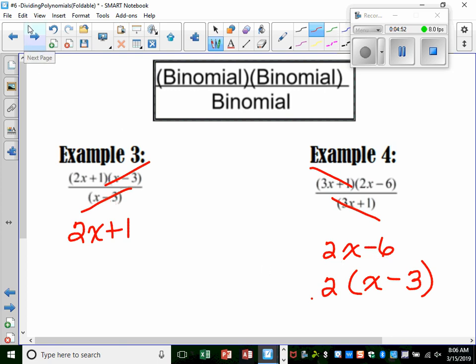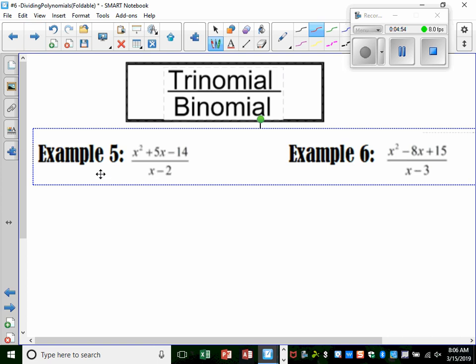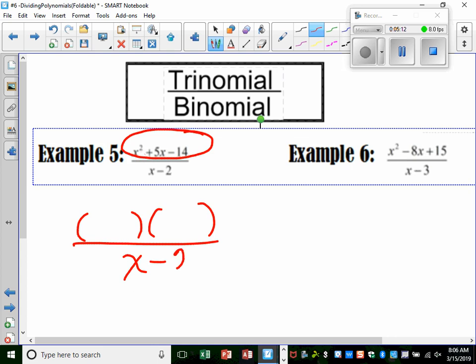All right, let's move on to this one. Now, this particular example has not been factored at the top. So we need to take this x squared plus 5x minus 14 and write it as a binomial times a binomial. So the question is, what times what will give you negative 14, but add up to a positive 5?